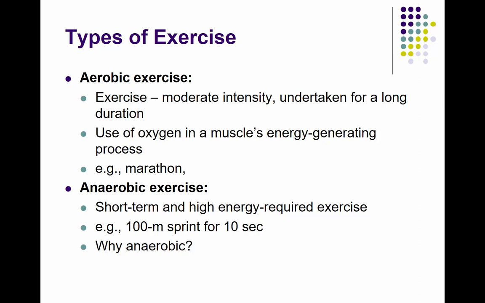Then type 2X fibers start to become active, to maintain the intensity of the muscle and make sure the exercise can continue at similar levels of intensity. Does that make sense?